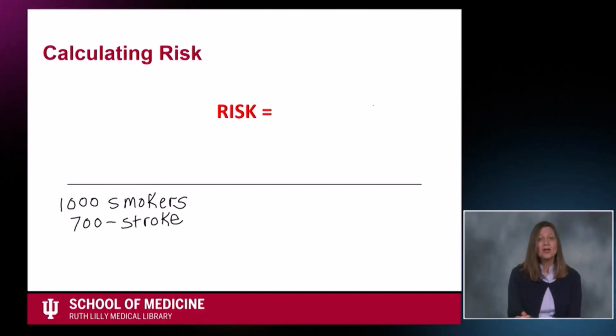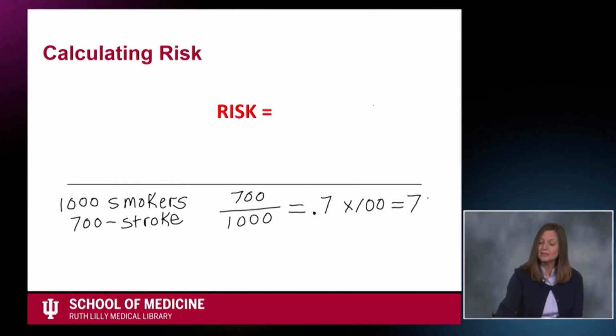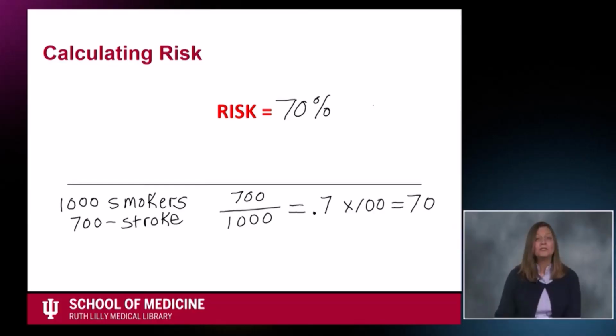In this case, the risk of the event of interest, stroke, would be 700 divided by 1,000, which equals 0.7. Multiply that by 100, and that equals 70, or 70% risk. Make sense? We will get more into the different ways that risk is expressed in medical literature in later videos.